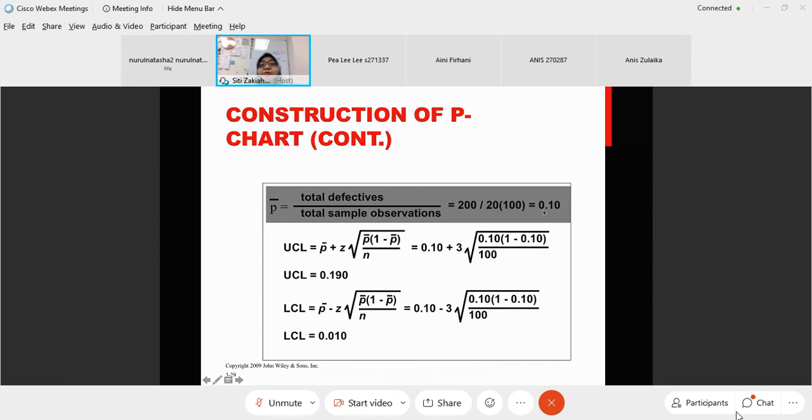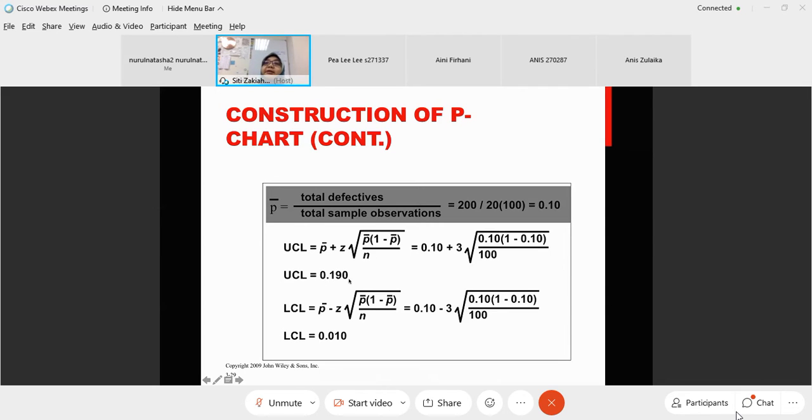So you know that P bar is 0.10. Then you substitute it into the formula. Z equals 3, as the question mentioned, right? You put in 0.10 times bracket 1 minus 0.10 over 100. This is the square root of that. Then you will get the upper control limit to be 0.190.